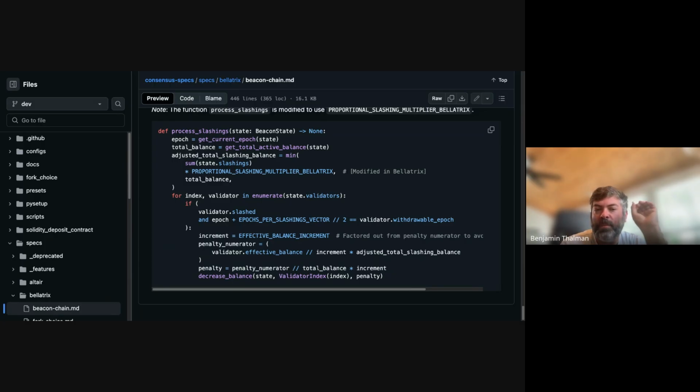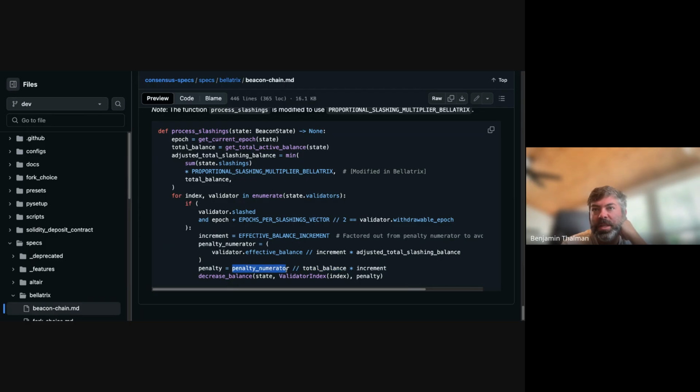Again, I would emphasize we're talking about pre-Pectra. The conditional aspect goes away post-Pectra. So to see that, you just have to look here. It can be a little challenging to see because of all the substitution you have to do. But if you sub in certain numbers here, this will round down to 0, because again, it's floor division.